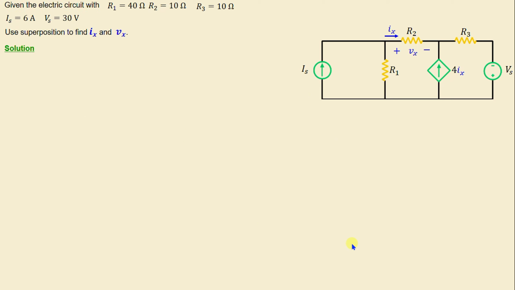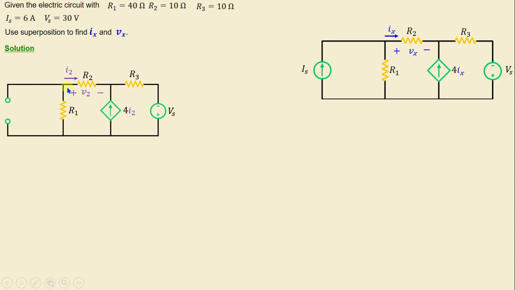Now, let's consider the independent voltage source Vs active and the independent current source Is inactive, which will be replaced by an open circuit. In order to calculate I2 and V2, I'm going to use the nodal analysis method. But first, let's consider I3 is the current through the resistor R3.